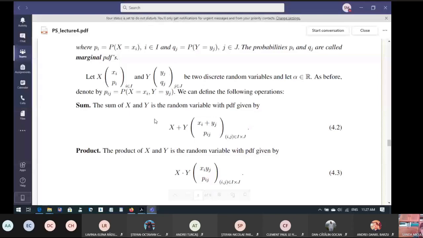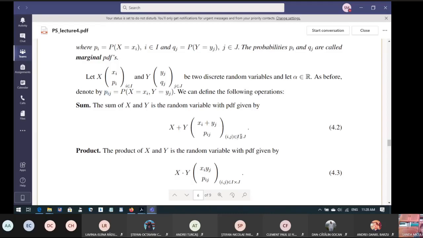So this is going to be another discrete random variable with the PDF given by: the values are xi plus yj. Probability, of course, X has to be equal to xi, Y has to be equal to yj, so the probability will be pij.